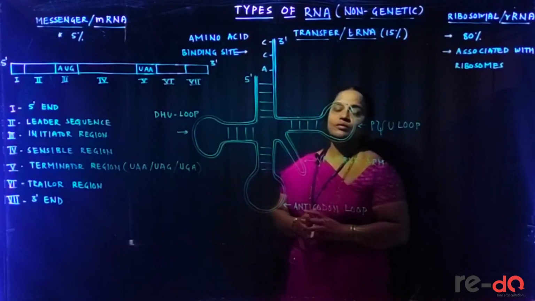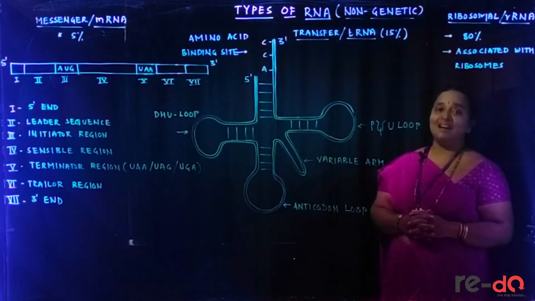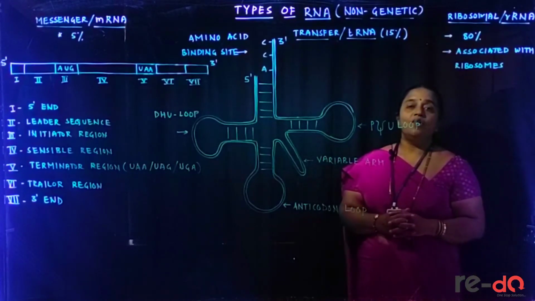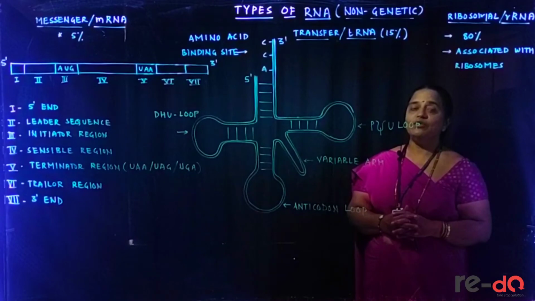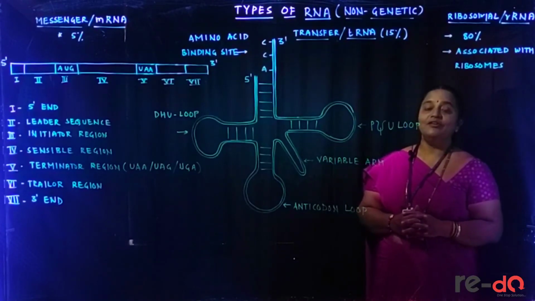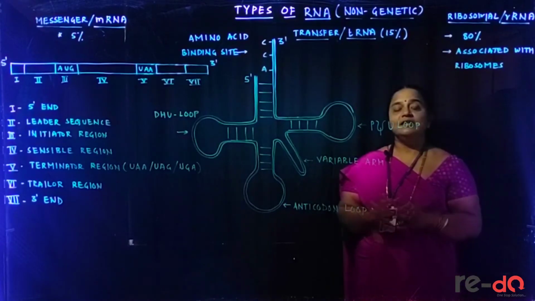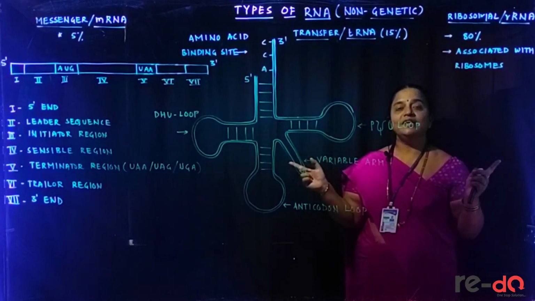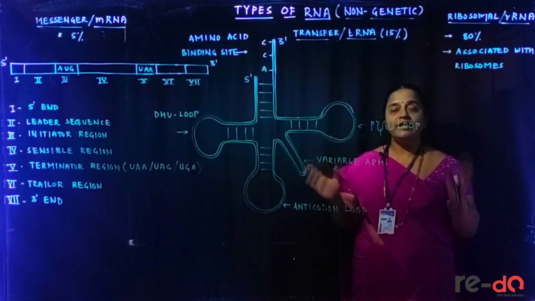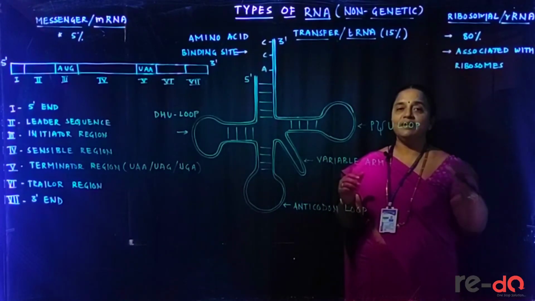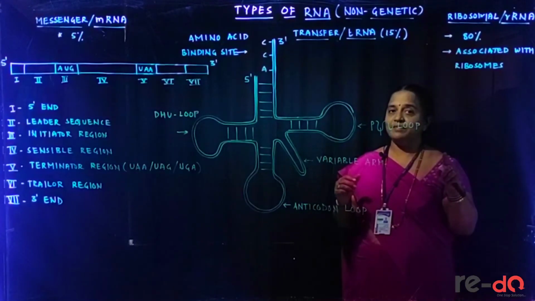Let us move to the second RNA. It is called transfer RNA or tRNA. Robert Holley in the year 1968 proposed the clover leaf model to learn the structure of tRNA, because these are the smallest tRNA molecules, and a total of 20 types of tRNAs are suspended freely in soluble form in the cytoplasm.